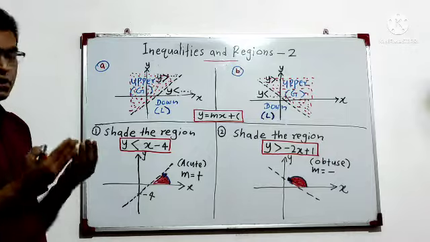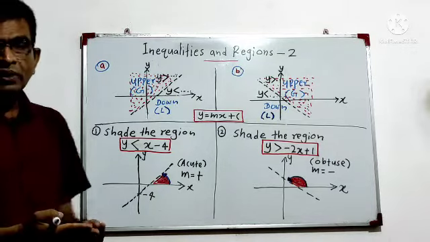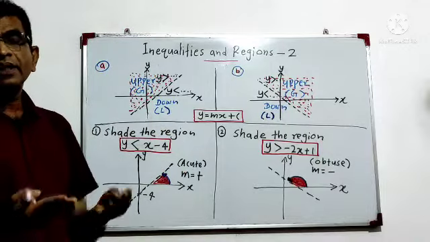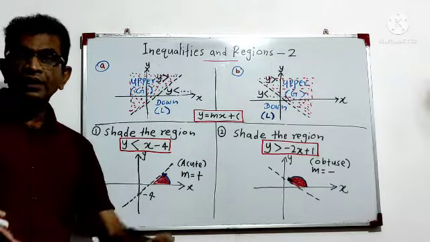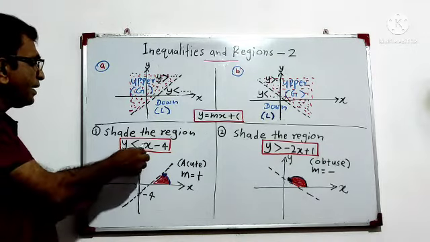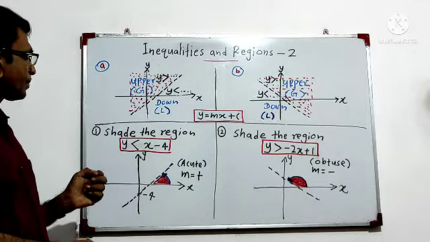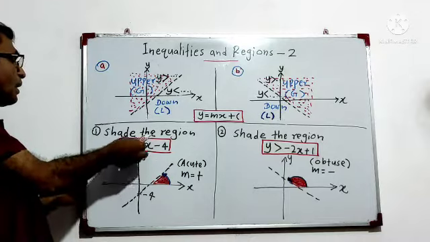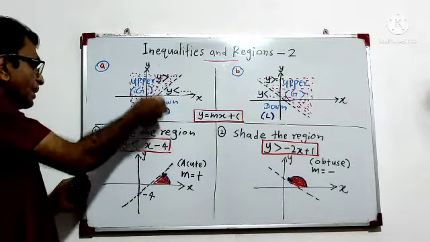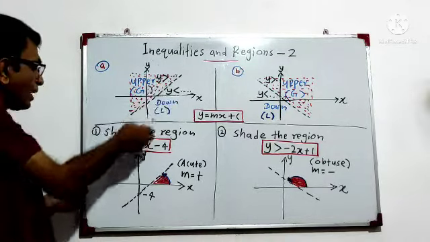So now how to shade? As I told you, in the London syllabus, we should shade the unwanted region, not the wanted region, right? So you can see y less than x minus 4. I told you y less than, we should shade downside.